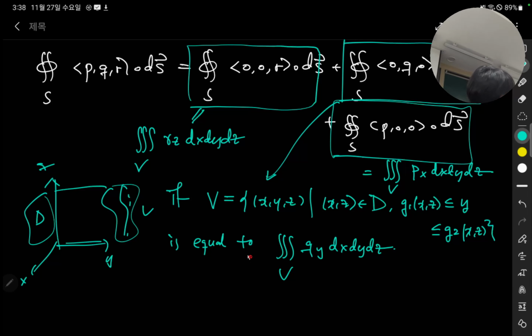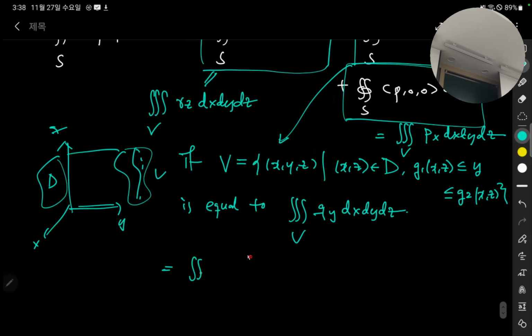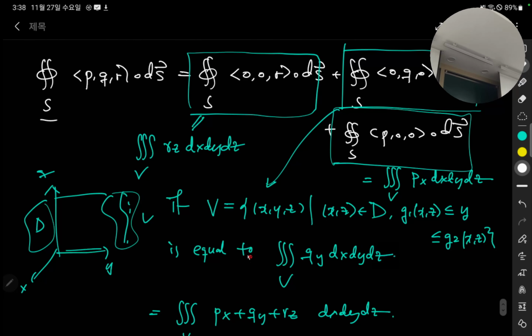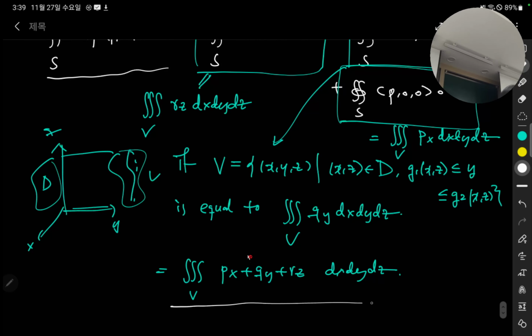If you sum the integrations over the same volume, only differing by the function, it's a scalar integration, so you can put it together: Px, Qy and Rz, dx dy dz. You can see that the surface integral on the left hand side is equal to the volume integration of the divergence of the vector field. That's how you prove the divergence theorem.